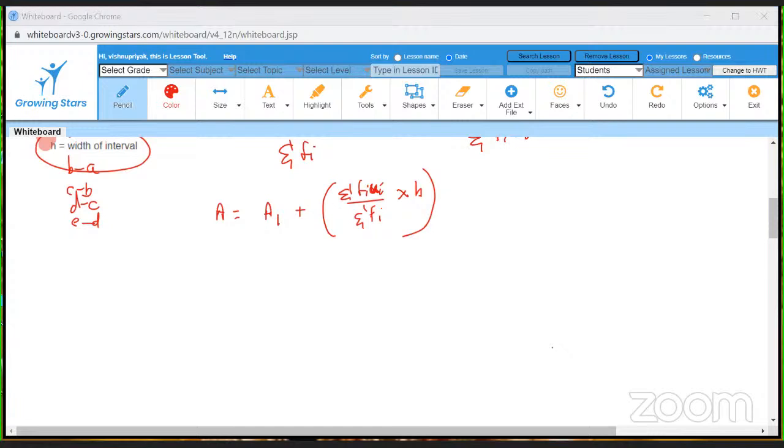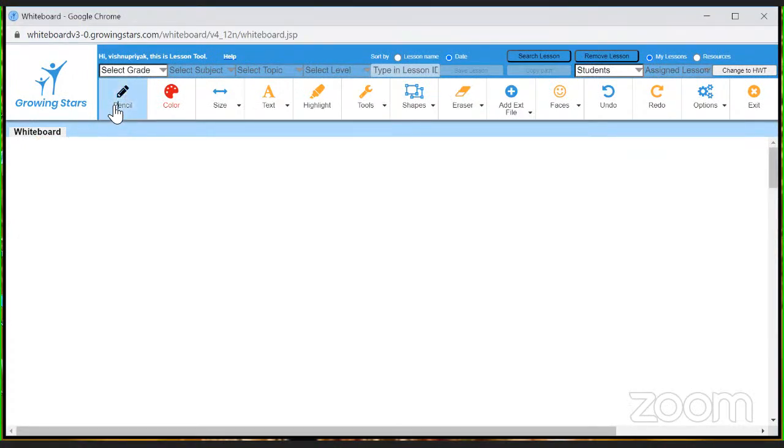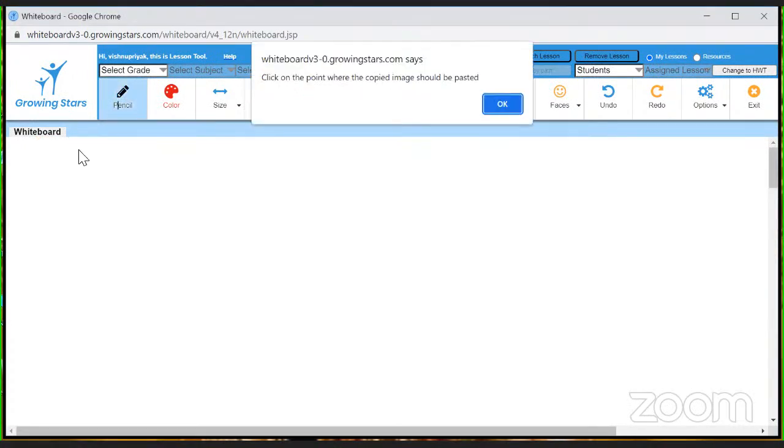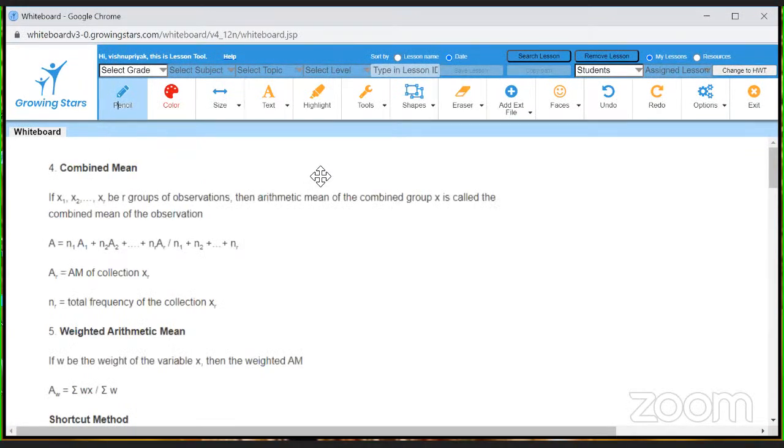Formula for the step deviation method. So many things are there about mean. Combined mean.